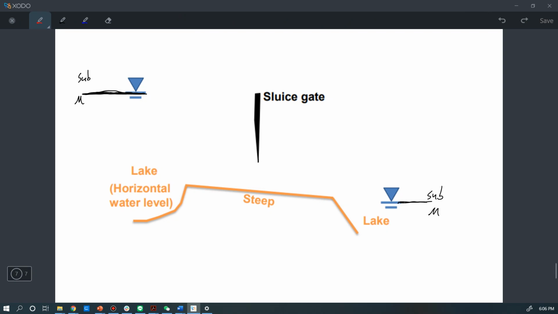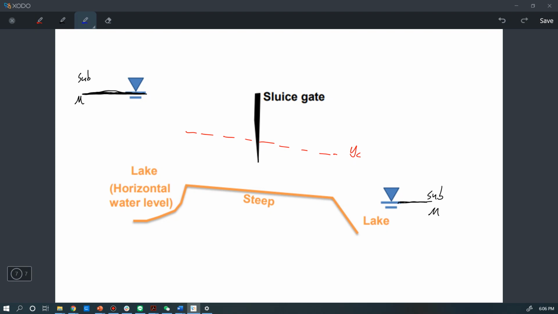For example, we plot the critical depth out. This is yc. And now we want to plot the normal depth.